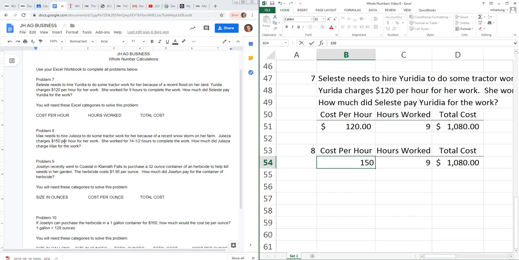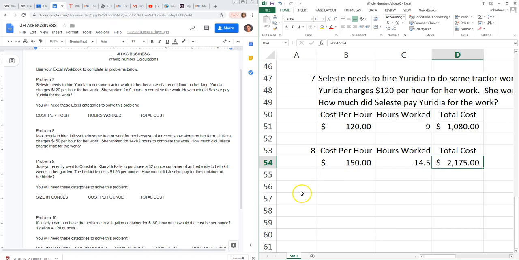So I'll type in the new cost per hour. Total hours worked is 14.5. How do we type that in decimal form? If you said 14.5, you would be correct. And there is our new total cost for tractor work, $2,175.